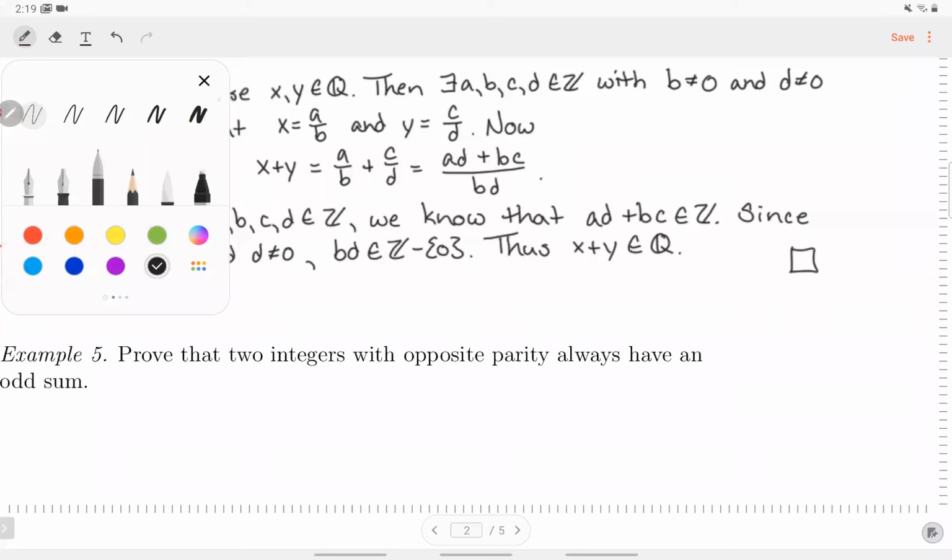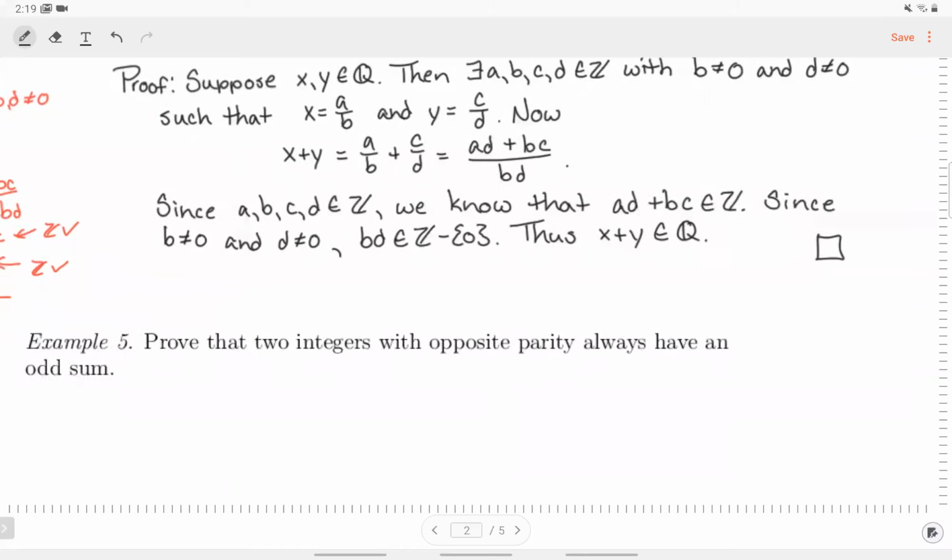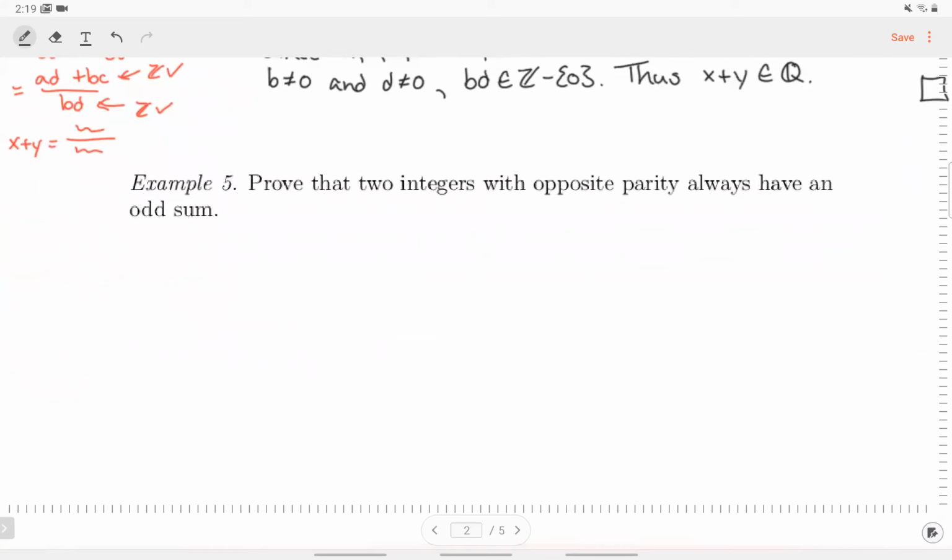All right, we're moving along. What questions do you guys have on that one? Okay, well then, we'll keep on keeping on. More proofs.